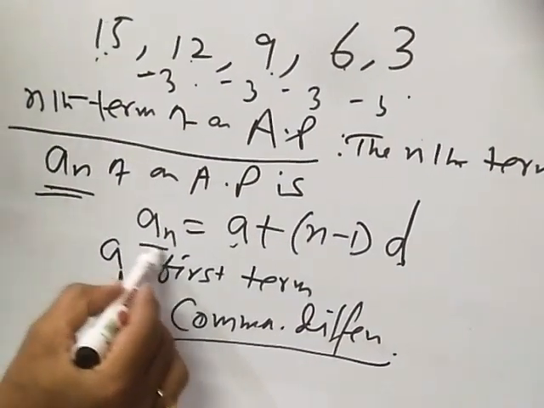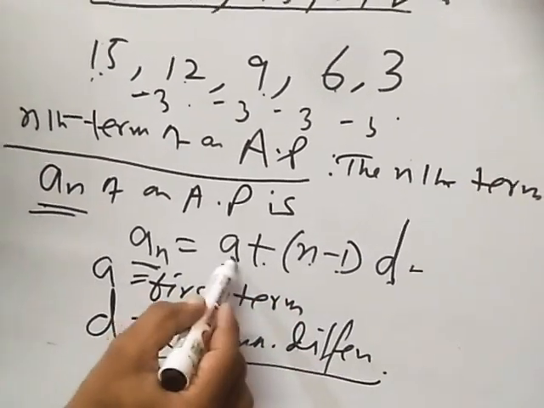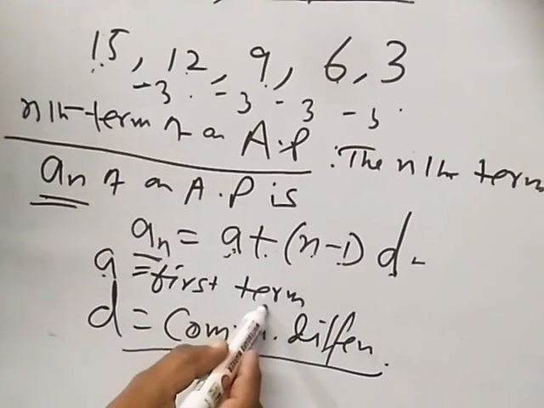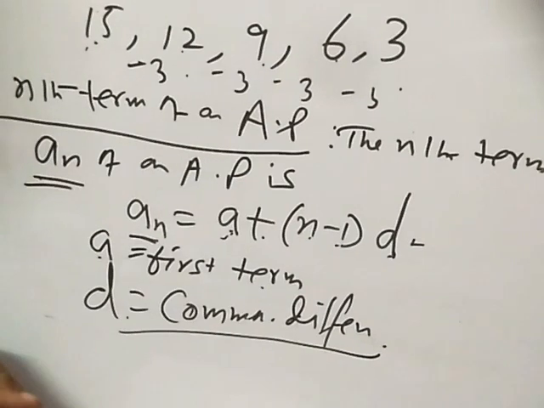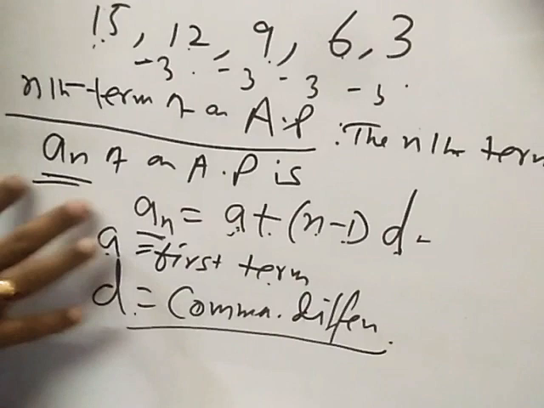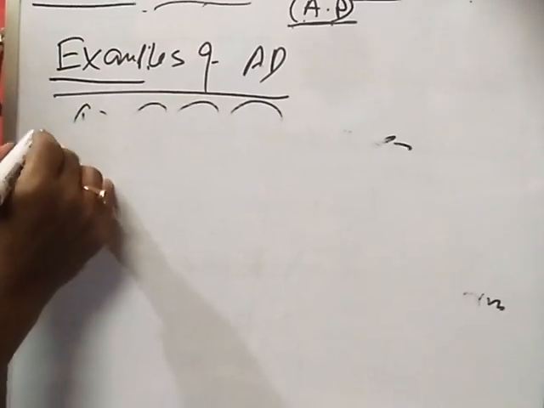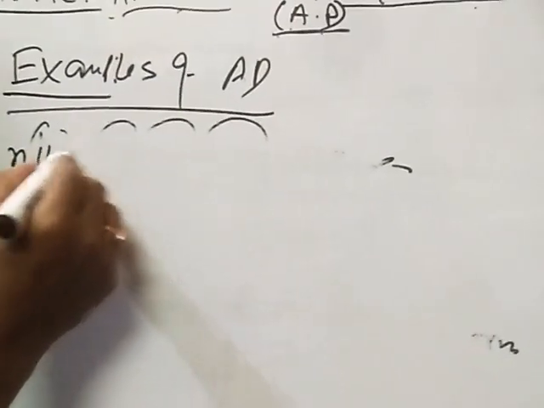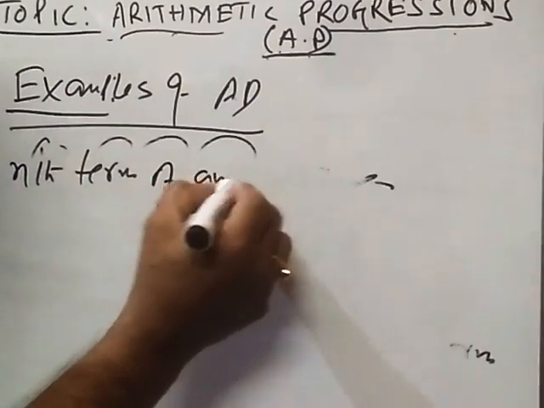So the formula for an is a plus n minus 1 into d, where a is called the first term, d the common difference. Everybody got it? Very good. This is the nth term, isn't it? Now the next formula, the nth term of an AP.